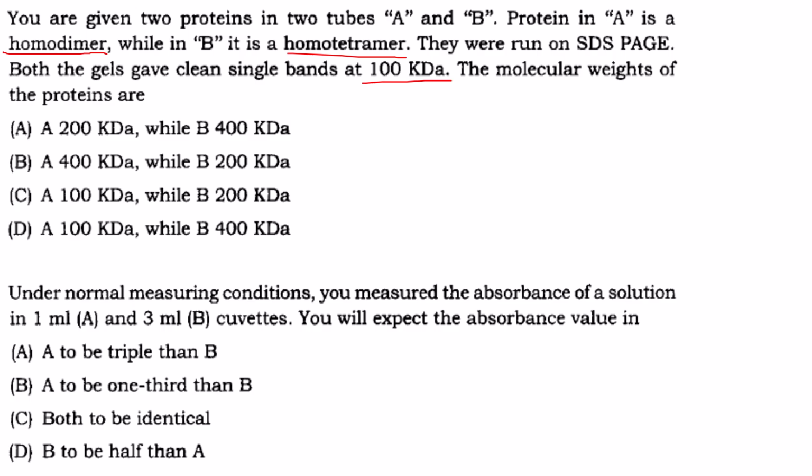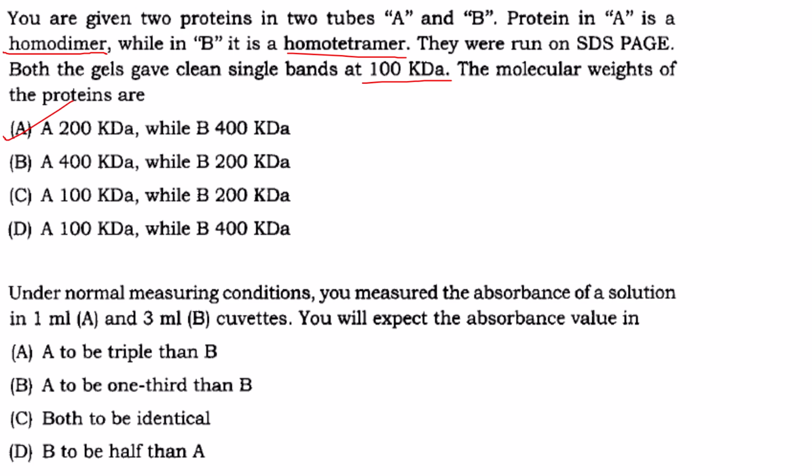So homodimer means two subunits. The monomer here is 100 kDa, so the dimer will be 200 kDa. Okay, that is there in option A only. So A must be the answer.